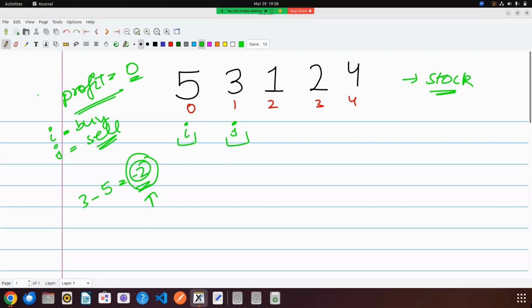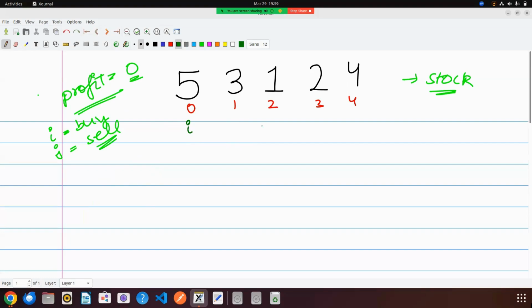Okay, so we cannot buy it on 0 and sell it on 1. Let's move forward. Let me take a different color marker. Let's buy it on 0.